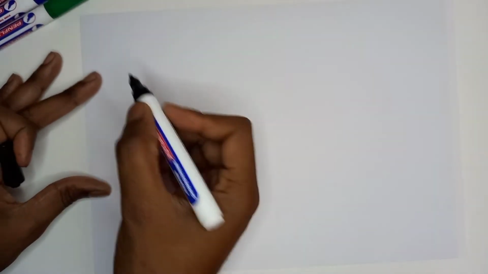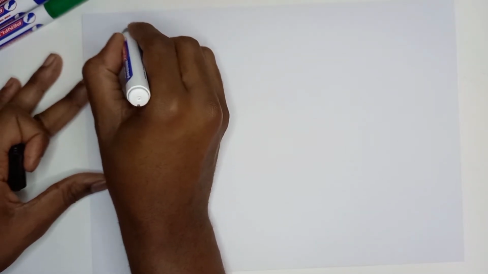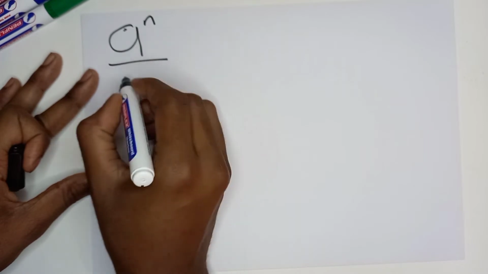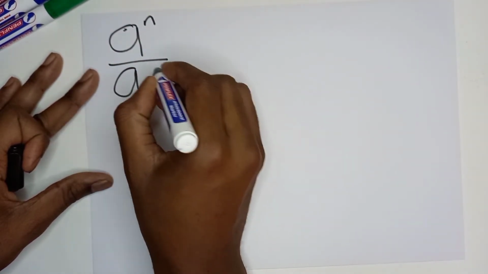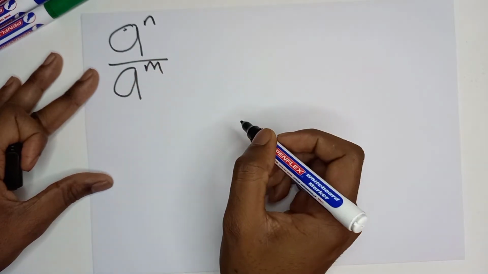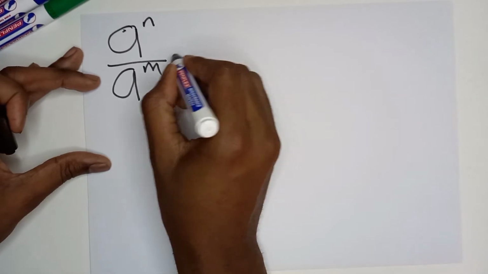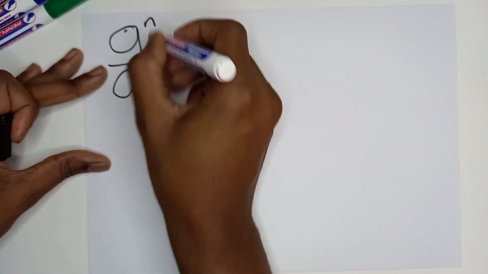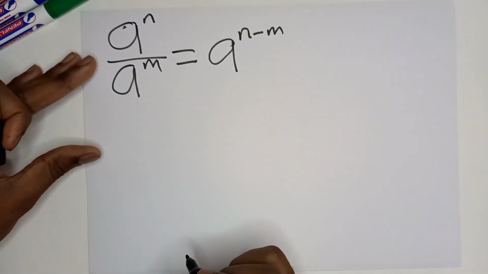So the division law says if I have again 2 powers with the same base, but these powers have different exponents or the same exponent, and they're being divided by each other, what you do is take the same base and simply subtract the exponents.